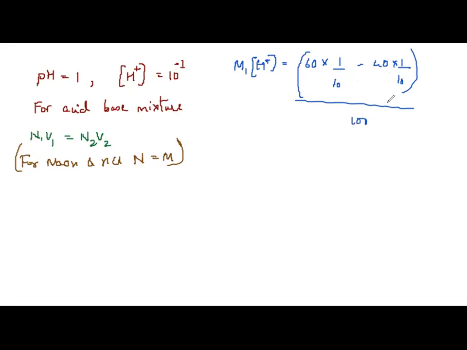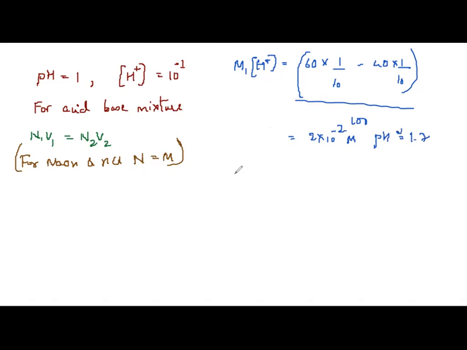Divided by 100. So it will come to 2 into 10 raised to minus 2 molarity. So pH will be what? Negative log of H plus ion concentration. When you solve it out, you will get nearly 1.7. pH is nearly 1.7.